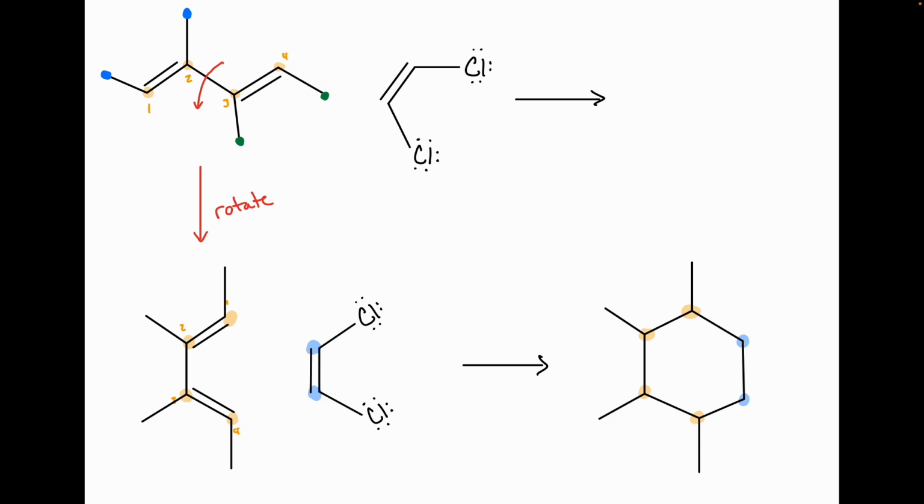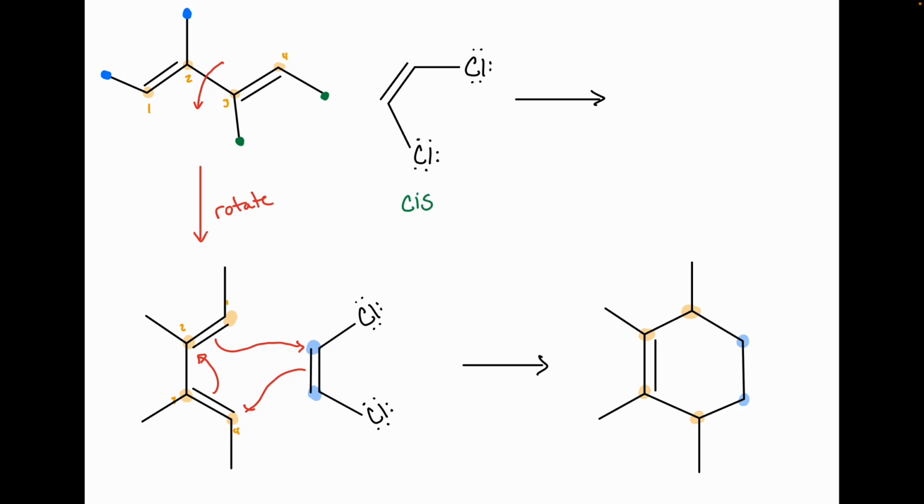All right, one other thing to note about our reaction: we have 2 electron pushing arrows that are the creation of these 2 new sigma bonds, but there's a third as well, which corresponds to the movement of that pi bond. So in my product, I need this new pi bond between carbons 2 and 3. And then the last thing is that these reactions preserve the stereochemistry of your dienophile.